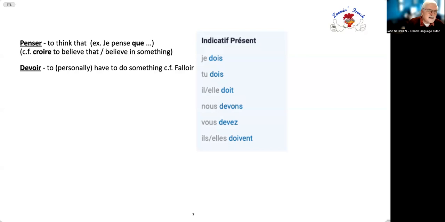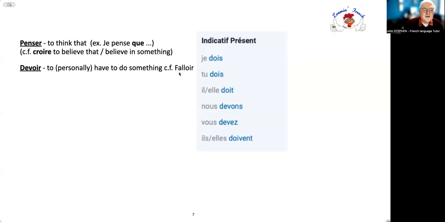As you can see, the verb in its infinitive form of devoir suddenly moves into je dois, tu dois, il doit, and then nous devons, vous devez, and then back again to the wa sound, ils, elles doivent. Again, these are verbs that you just have to know because they are used all the time.